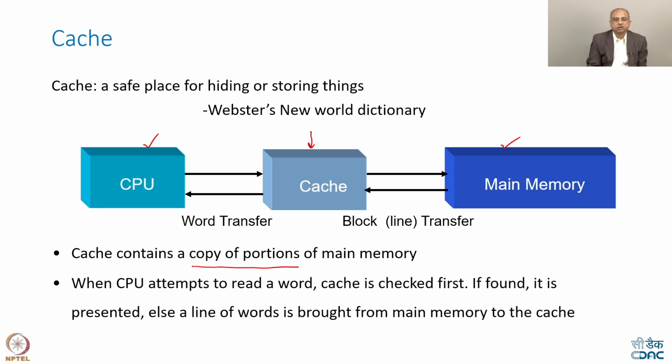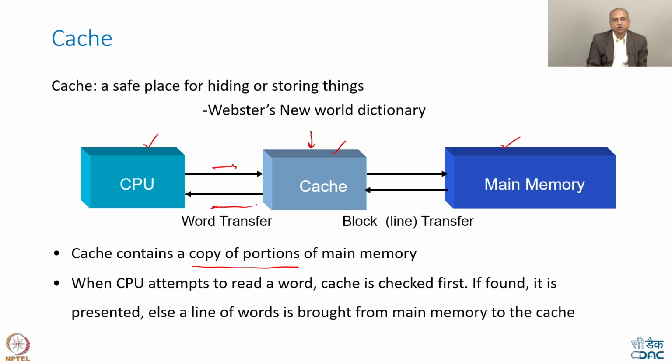The typical algorithm would be that the CPU makes a request for a word, like it is trying to read a word which is 32 bit. This address is put on the address bus. This address is now checked in the cache, whether it is present in the cache. If it is present in the cache, then the data is immediately read and it will be faster.